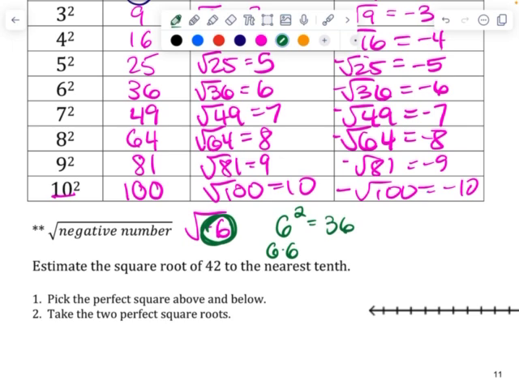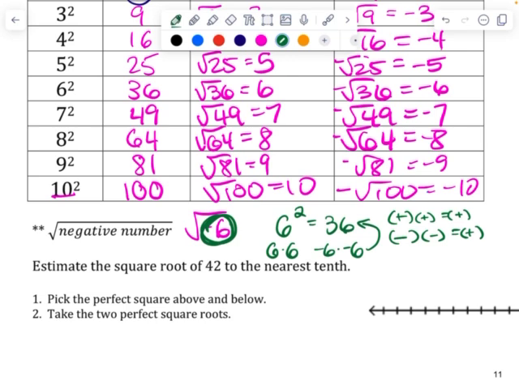Well, I can never get a negative number, because if I do negative 6 times negative 6, I also get a positive 36. My multiplication rules I learned earlier this chapter say that a positive times a positive gives a positive, and a negative times a negative gives a positive. There's no instance where I could take the square root of a negative number and get two of the exact same numbers.